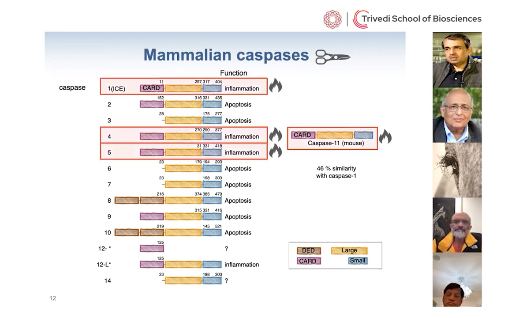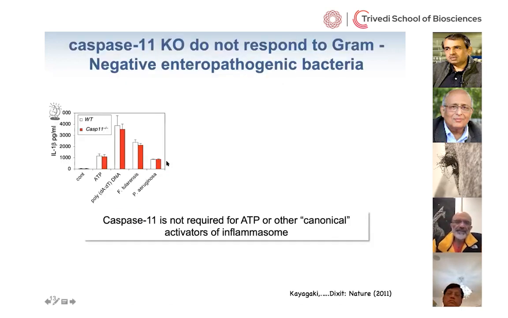And so we do a lot of mouse work. So we knocked out caspase 11, which would be the same as 4 and 5 in the humans. And so now we are able to look at the function of caspase 11 in inflammasome activation. The way we measure inflammasome activation is we measure IL-1 beta, and that's shown here on the y-axis. Here the open bars are macrophages from wild-type mice.